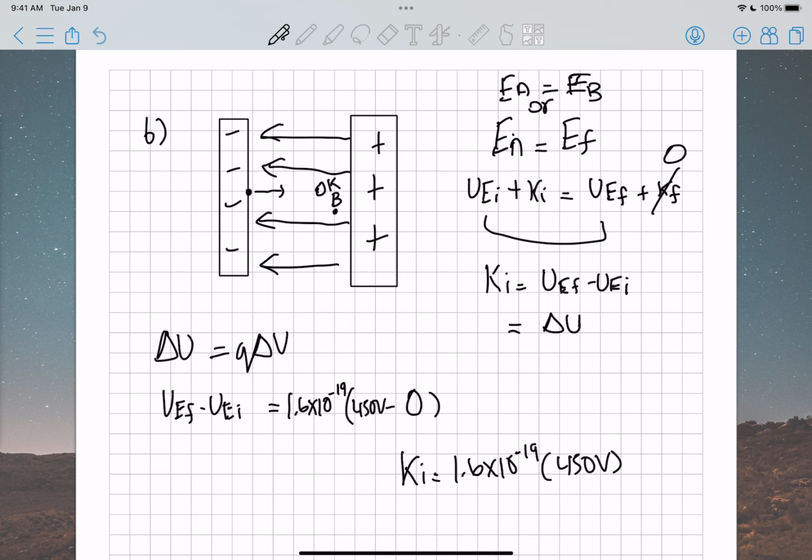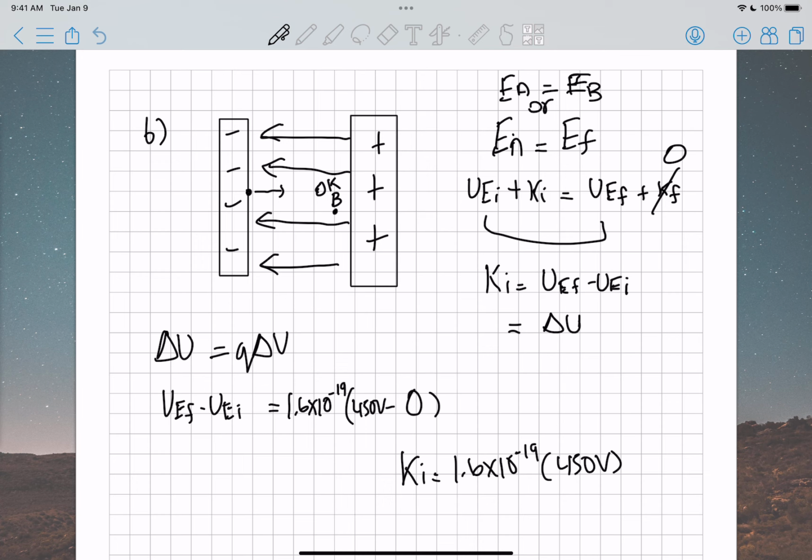Kf is 0 at point B. Now we're just looking to figure out UEi and UEf, and we could pretty easily do that by rearranging the equation and figuring out the change in the electrical potential energy between those 2 points. Otherwise, there's no real easy way to do it because we don't have point charges, so we can't just use kQ1Q2 over r. You're dealing with sheet charges, essentially.